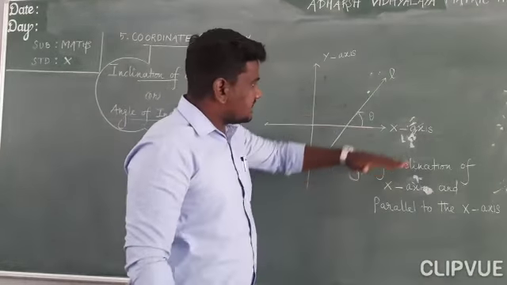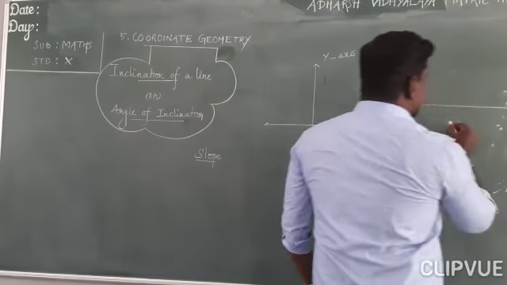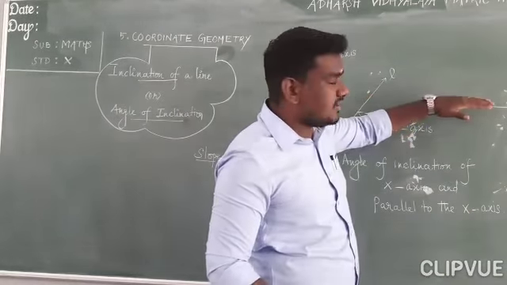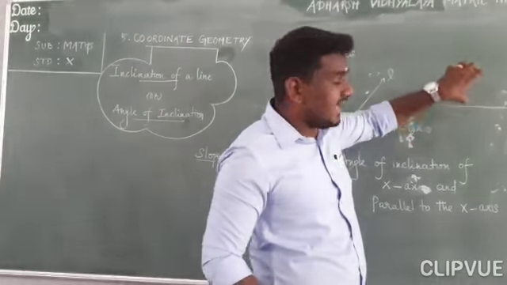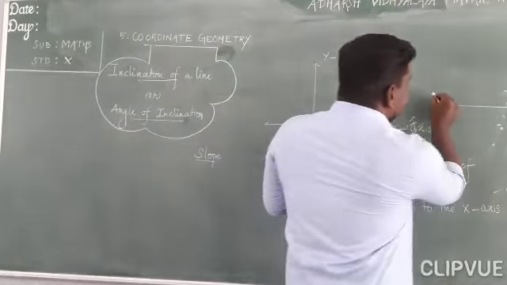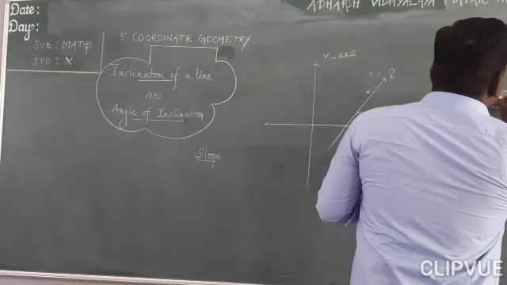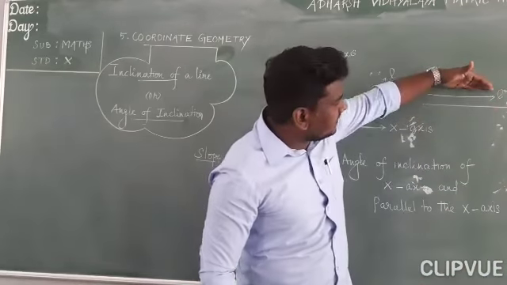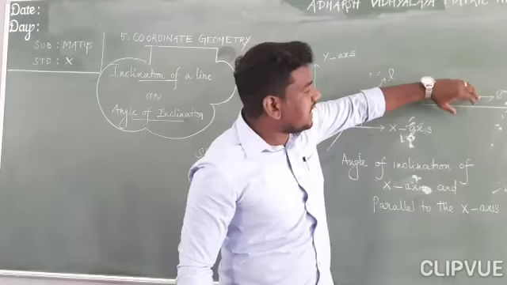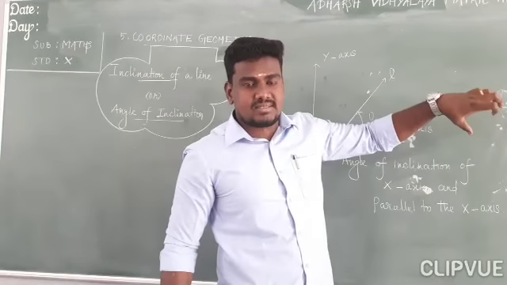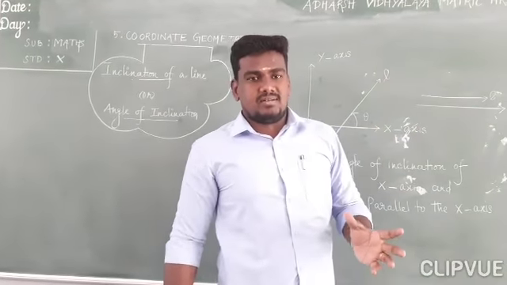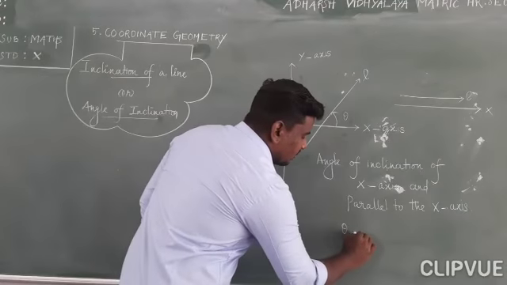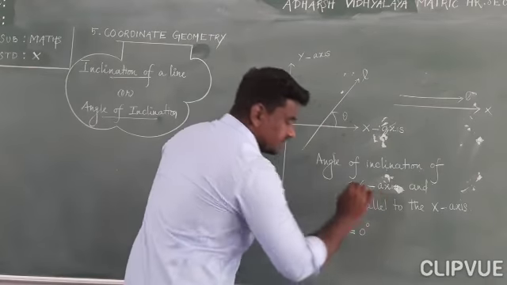If you take a straight line like this, lying on the same line, it lies on the x-axis or is parallel to the x-axis. You can take this as L and this as the x-axis. This straight line is parallel to the x-axis, and sometimes it may lie on the x-axis. There is no angle; it doesn't make any angle. Therefore, theta is equal to 0 degrees.